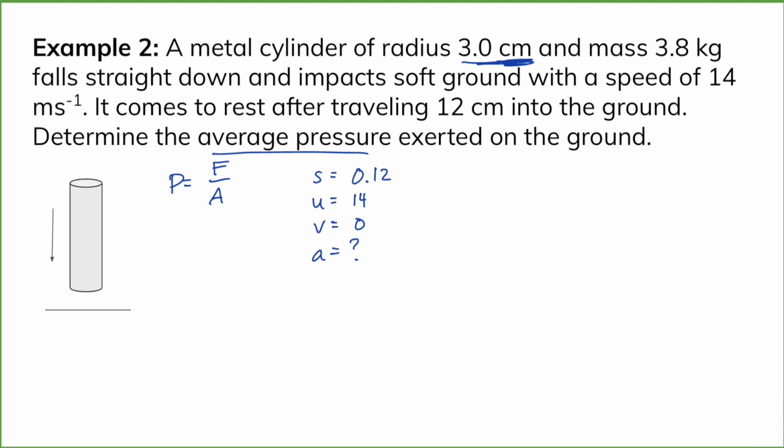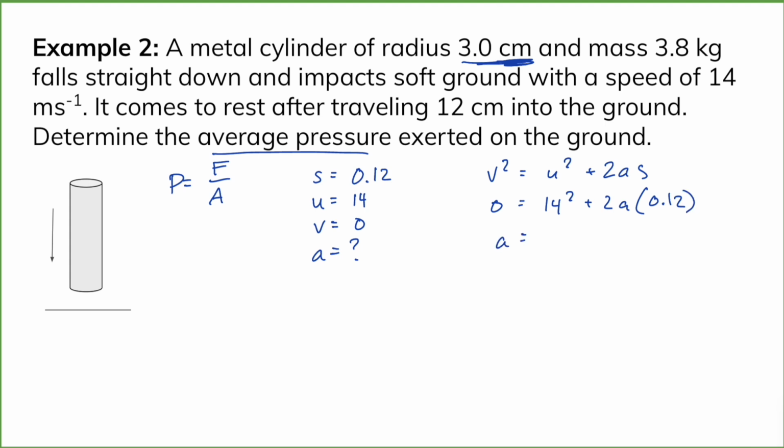So I go back to my kinematics equations, and I look up one that fits all these values here. And it's going to be the equation v squared equals u squared plus 2as, with v being 0, u being 14 squared plus 2a times 0.12.